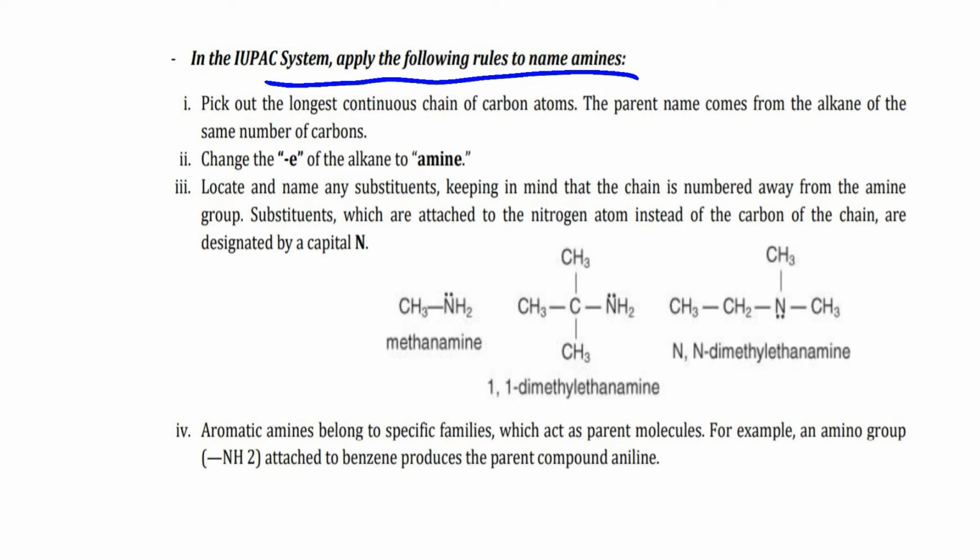Change the E of the alkane to amine, for example methanamine. The third step is to locate and name any substituents, keeping the amine chain numbered away from the amine group. Substituents which are attached to the nitrogen atom instead of the carbon chain are designated by a capital N.